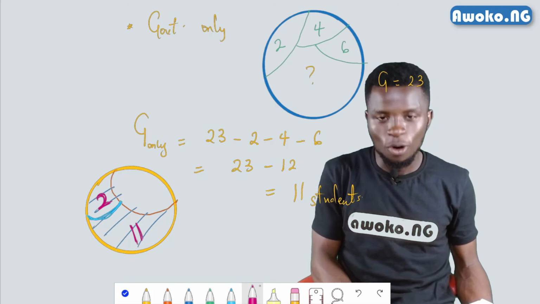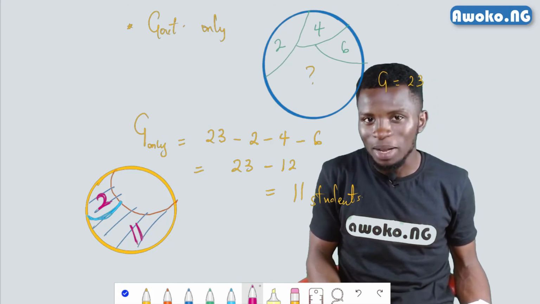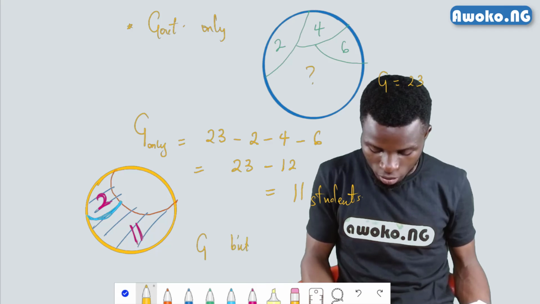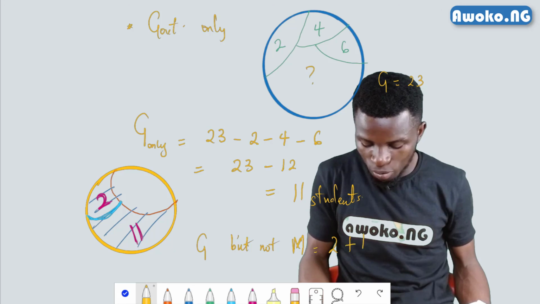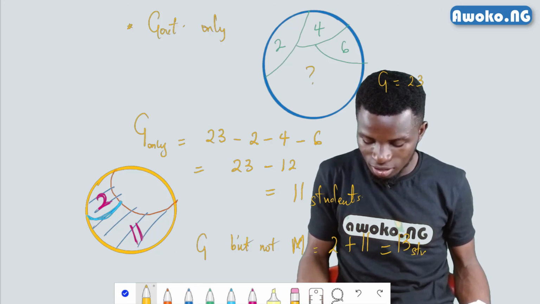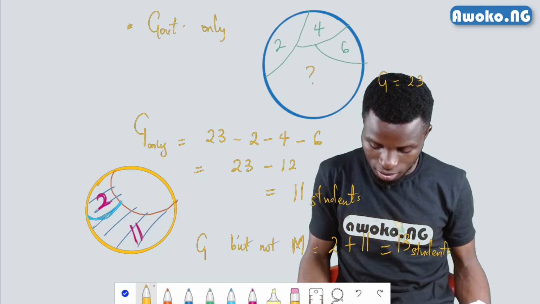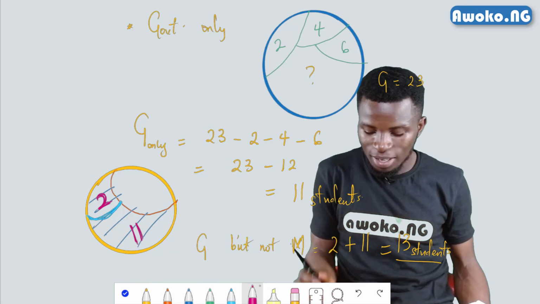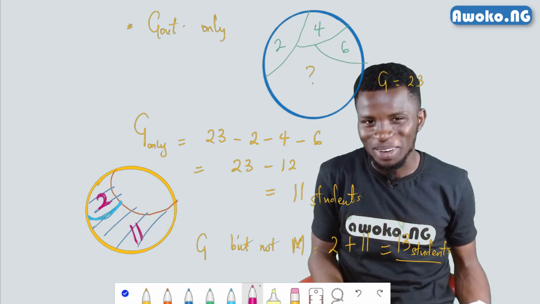Therefore, for government but not mathematics, G but not M will give us 2 plus 11. Of course, this will give us 13 students. So 13 students offer government but not mathematics.